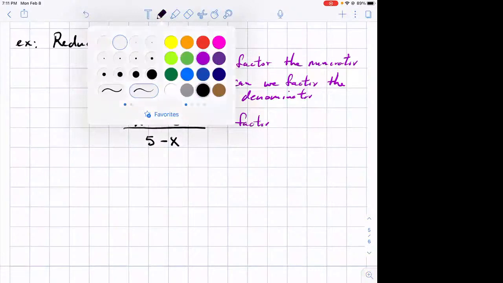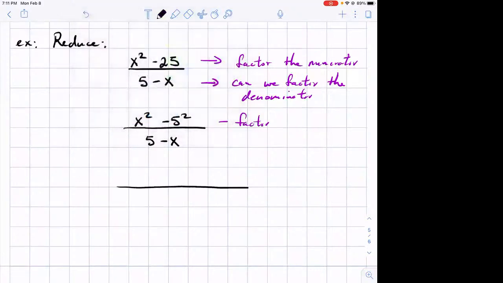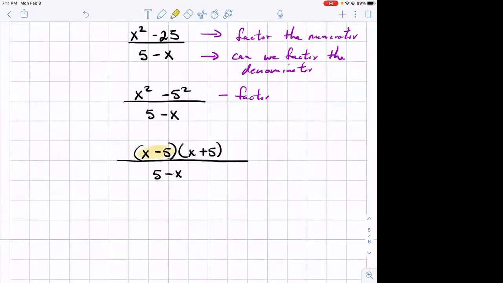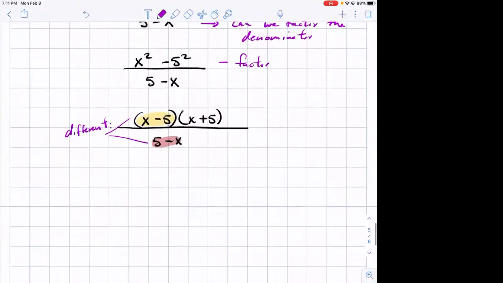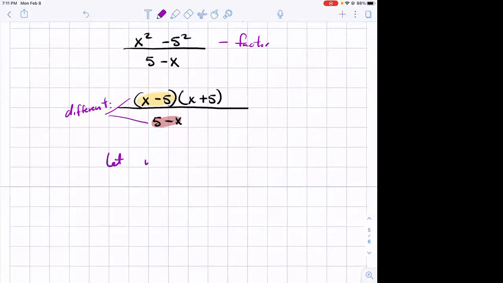And now we can factor. Using the difference of squares, we have x minus 5 times x plus 5 divided by 5 minus x. But this here is not the same as this. They're different. So what we can do, let us factor -1 from the denominator.